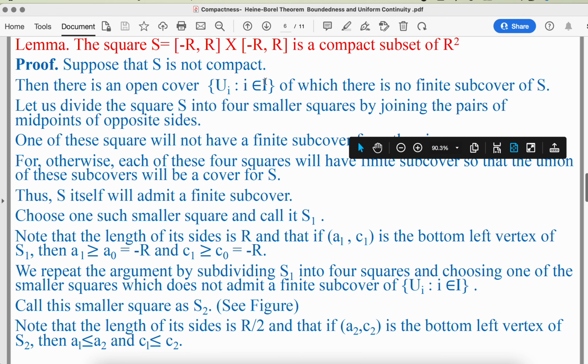Suppose S is not compact, we have assumed a contradiction, then there is an open cover U i of which there is no finite subcover of S. So we divide the square S into 4 smaller squares by joining the pairs of midpoints of the opposite sides.